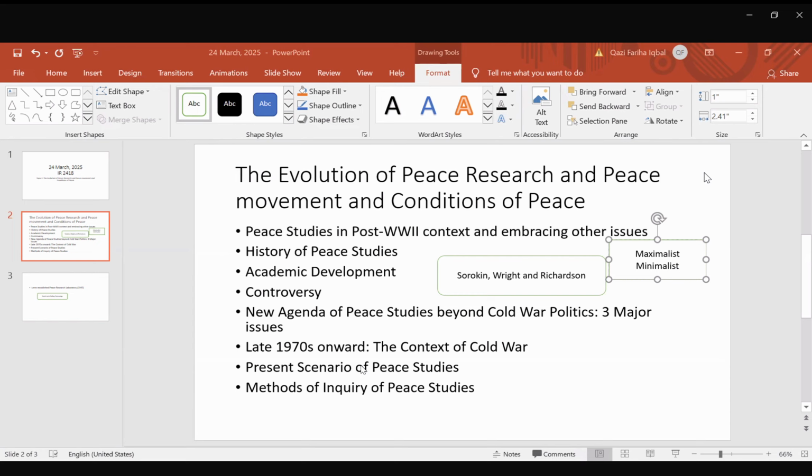So what is the normative aspect? Normative means it is based on certain norms, and norms are connected with these ethical concerns. So naturally, the study of peace research is based on ethical concerns, and thus it is grounded on normative considerations.